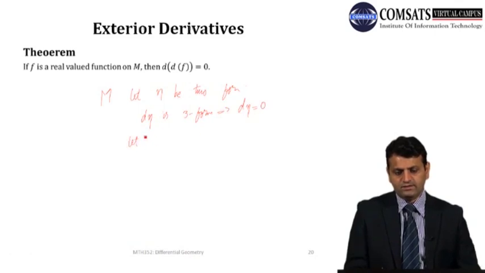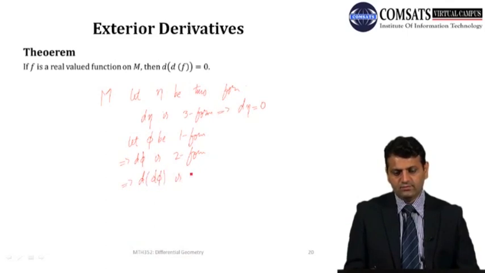Now let phi be a 1 form, so d phi is a 2 form, and this implies d of d phi is a 3 form, and this implies, because on a surface the forms of degree 3 and higher are 0, that this is equal to 0.